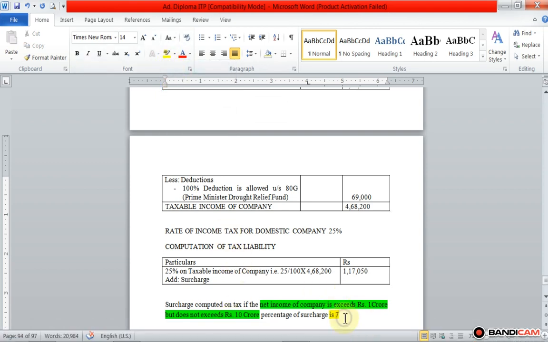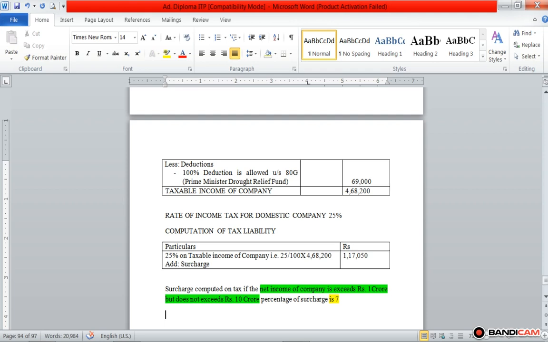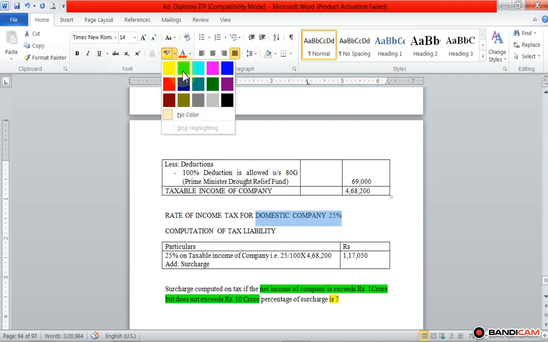Then the second condition is, for a domestic company, here we already gave the title, computation of tax liability of a domestic company.